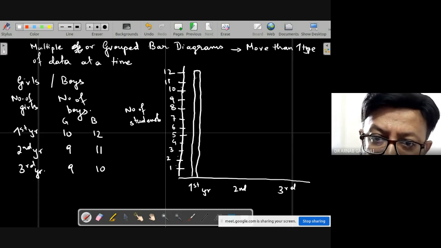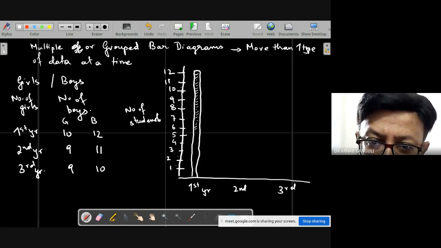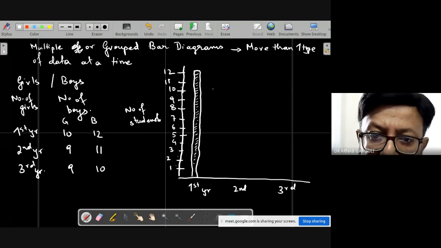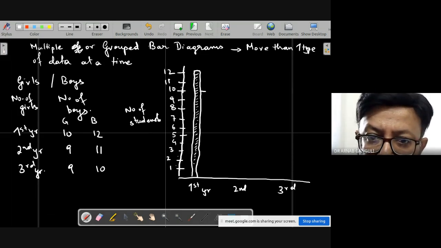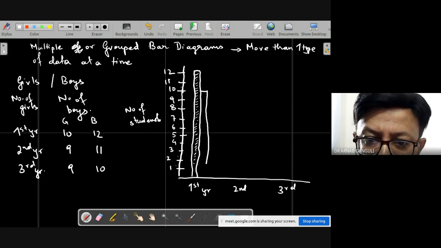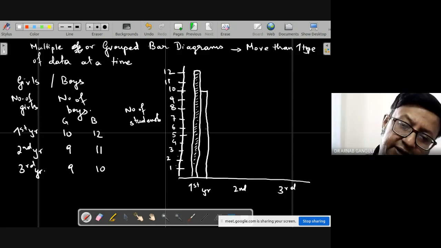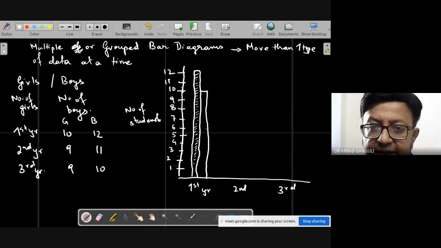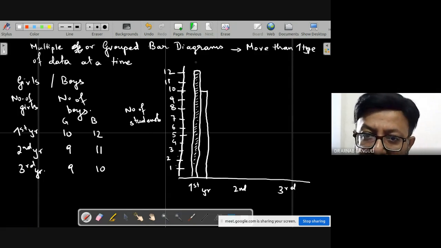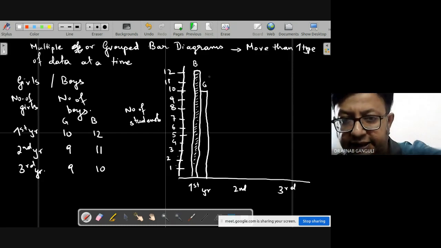Number of boys, I am making the bar like this. And number of girls, 10. This is number of girls. Immediately, you can see the difference between boys and girls. Pictorially, you can see the trend.